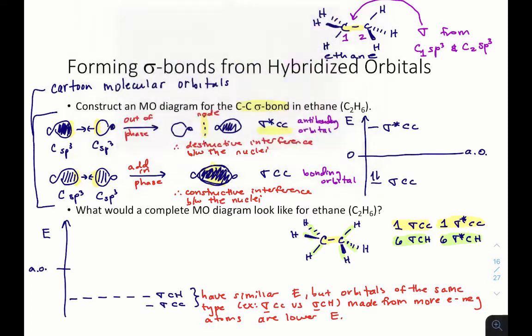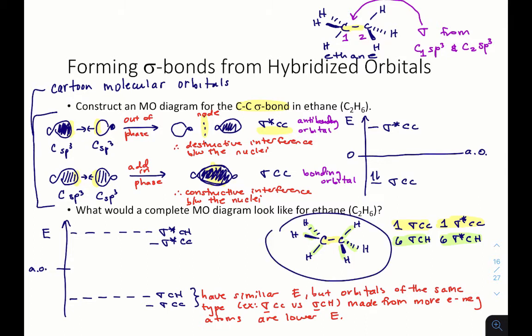Carbon and hydrogen have pretty similar electronegativities, so sigma CC is just slightly lower energy than sigma CH. We see the same phenomenon for the sigma star orbitals. Sigma star CC is just slightly lower energy than sigma star CH.